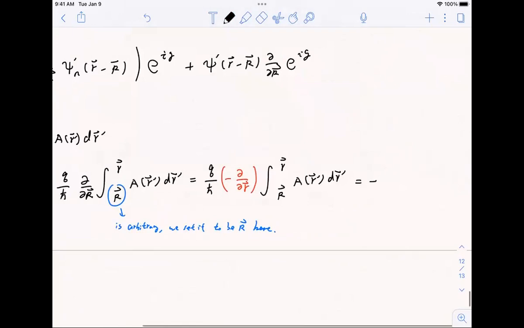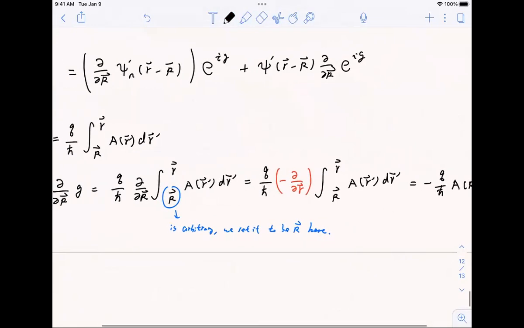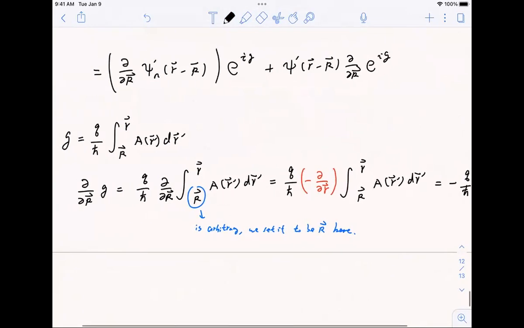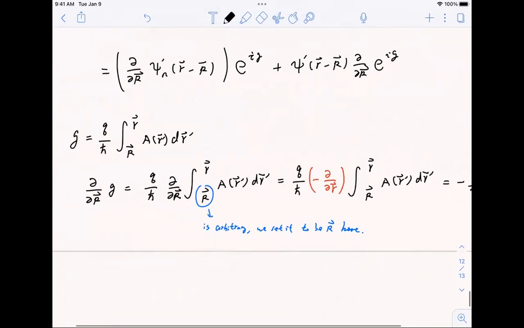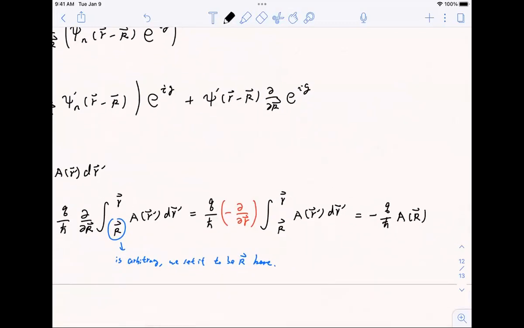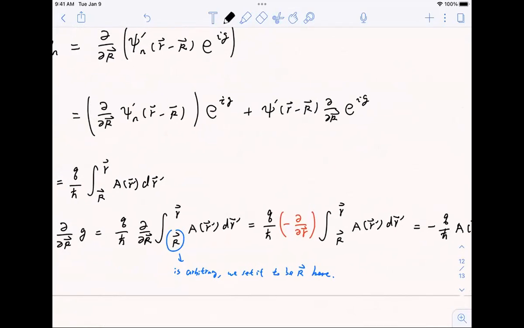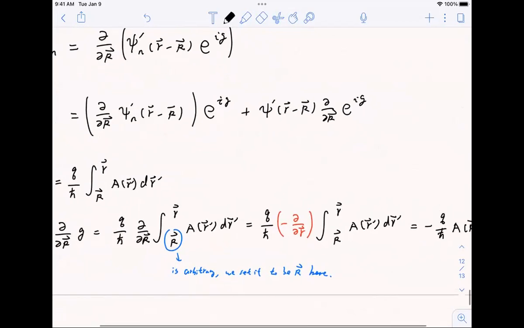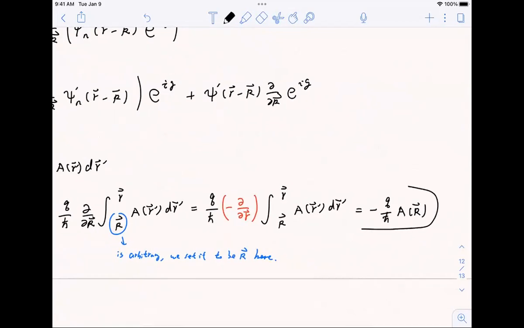This one will be q/ħ A(R) dr. And since we're making the box small, the value will be just near R.